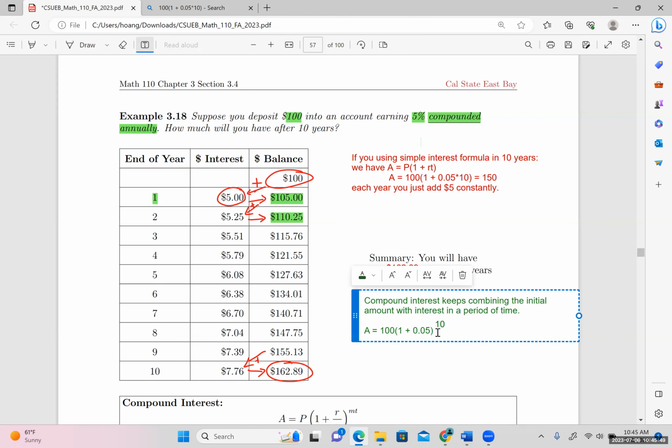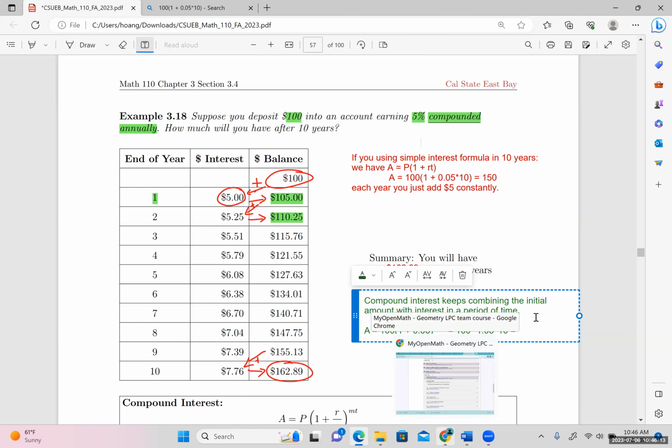If you use this on a calculator, 100 times 1.05 raised to 10, you will get exactly what I have, 162.89.